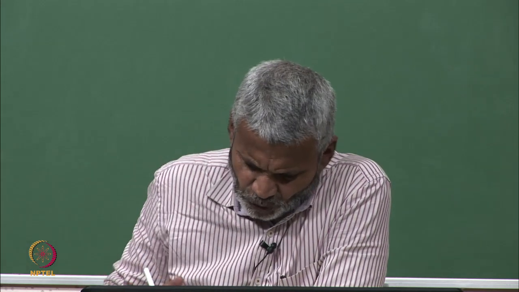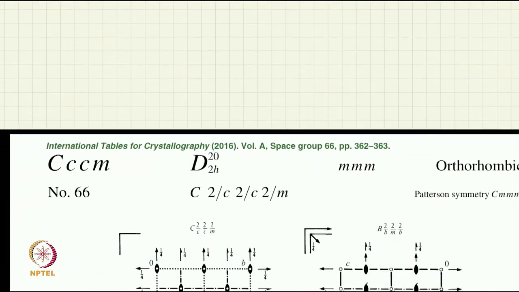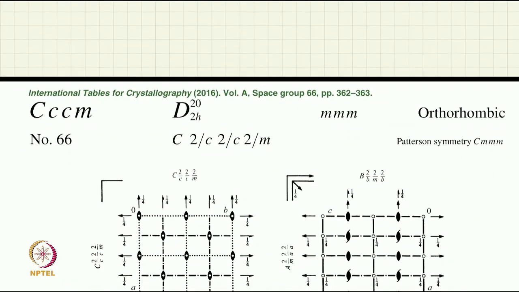So, we continue our journey in the interpretation of the International Tables page. We go down the page, and in this part we will discuss the origin. In part 1 we already looked at the header, which is this part, which gives the basic information about the space group.